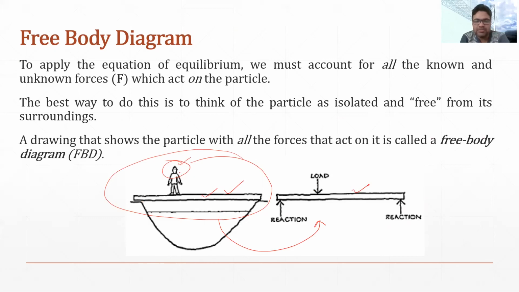The load of this person will act as a point load on this particular point. Similarly, as this plank is resting on two ends, these two ends will offer reactions. So we will be showing the reactions. This becomes the free body diagram of this physical system.